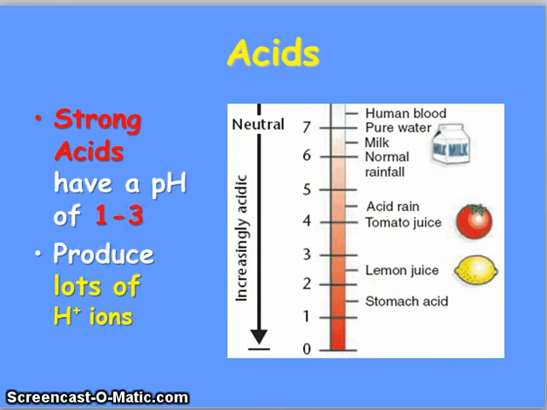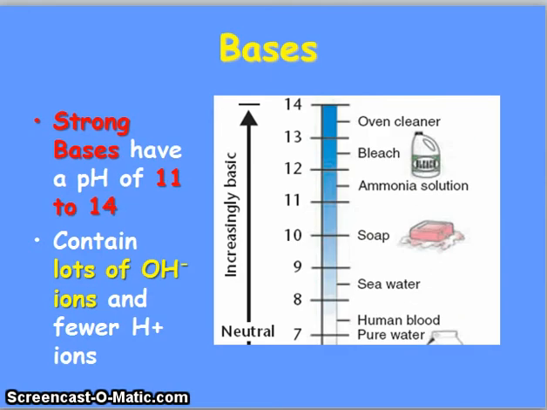If you have a pH of 1 to 3, it's a very, very strong acid. So your acids go from 0 to almost 7, and then your bases go from a little above 7 to 14. If you have 11 to 14, that's a very, very strong base, like an oven cleaner, that would eat away at your skin.